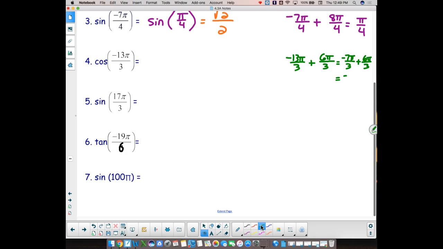That gets me to -pi over 3, which I could get to, because I could go -1 pi over 3. Or I could add 6 more pi over 3, and that puts me at 5 pi over 3. So this is the cosine of 5 pi over 3. X value at 5 pi over 3, I get 1/2. Agree?